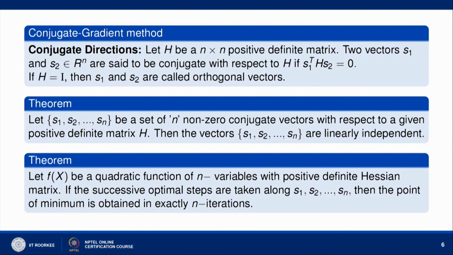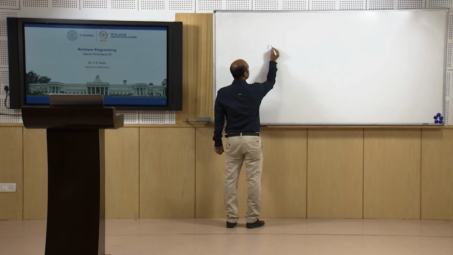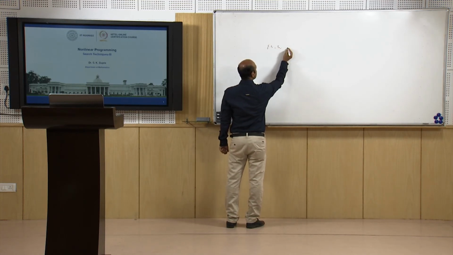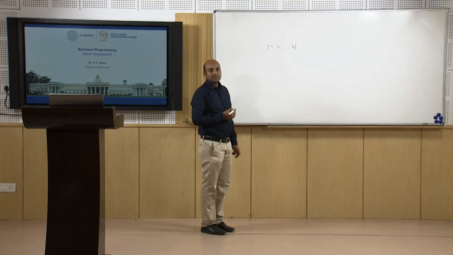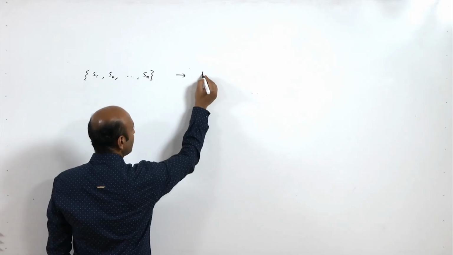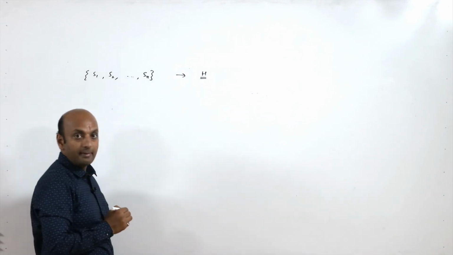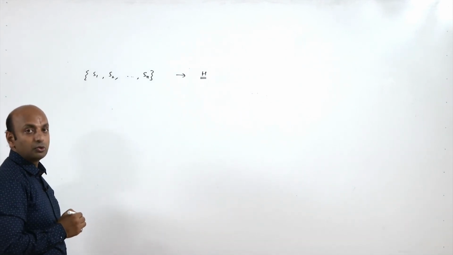So, suppose we have a set of vectors S1, S2 up to Sn, which are conjugate vectors with respect to a given positive definite matrix H. Then we have to show that these vectors are linearly independent. How to show it?